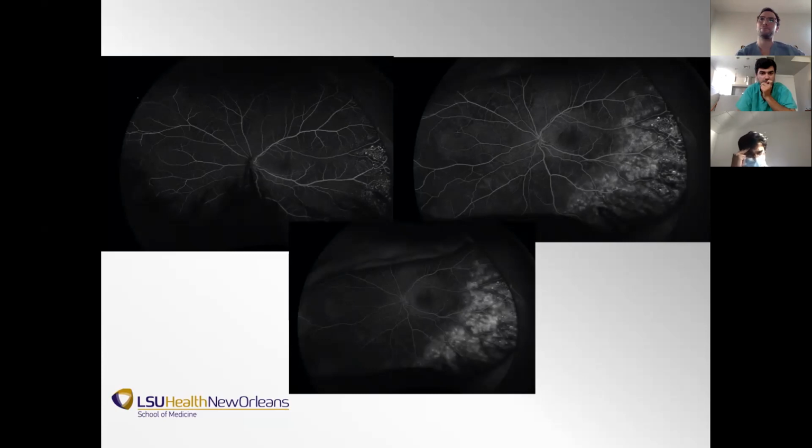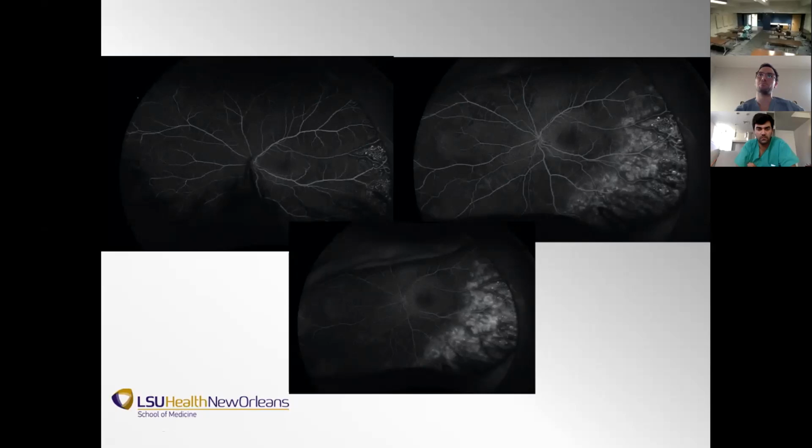But top left, it looks like it's in the AV phase. And temporally, you can see some areas of hyperfluorescence, which are expanding in size as we go forward in time, suggesting that they are leaking. Those little speckled hyperfluorescent areas that are remaining bright, I don't know if that's staining or pooling, but those could be in those aneurysm areas.